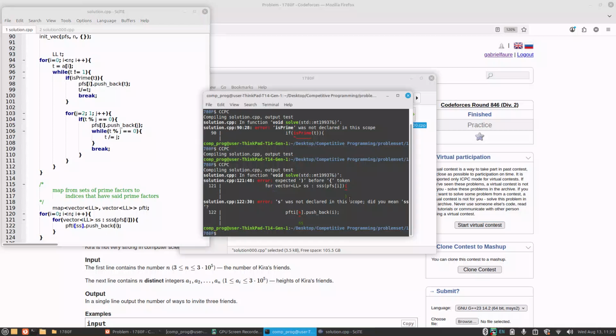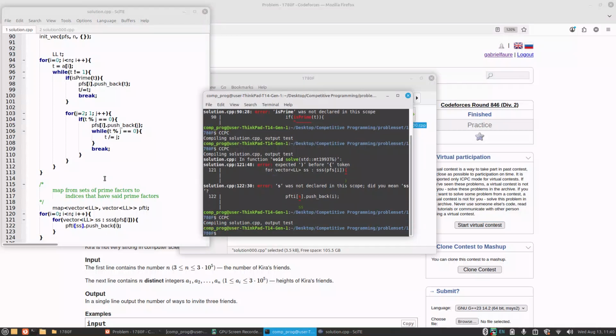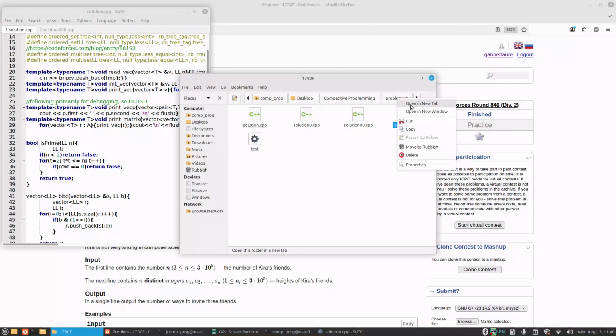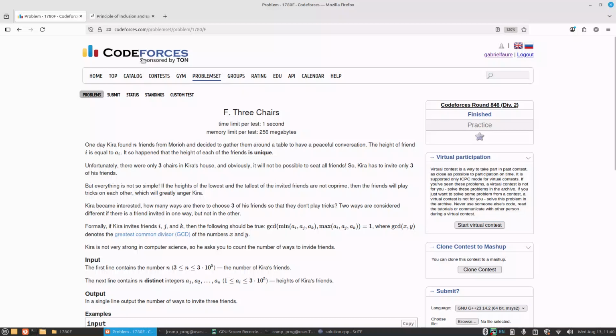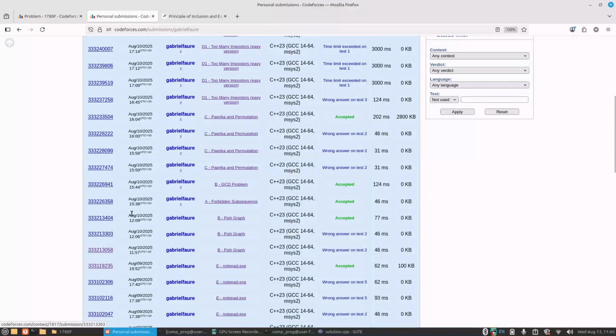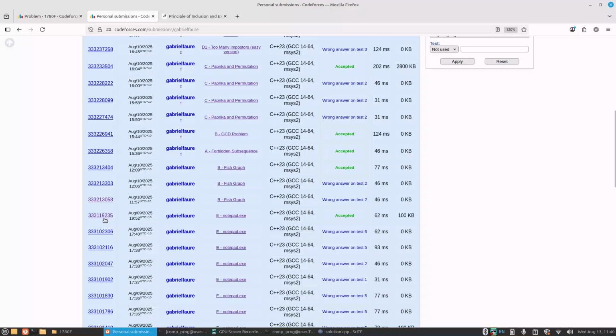I did have something for, like, was it? Can't remember which one of these had a debug for a map.